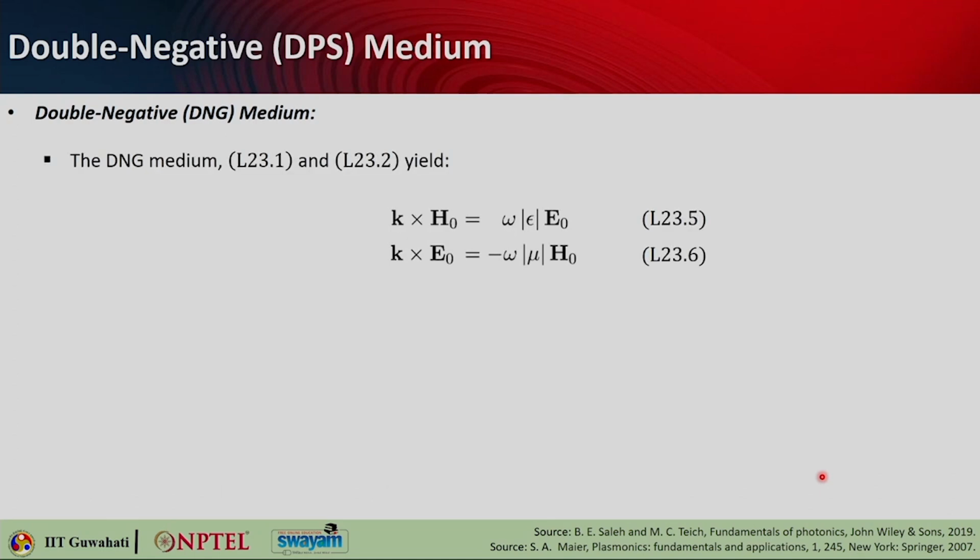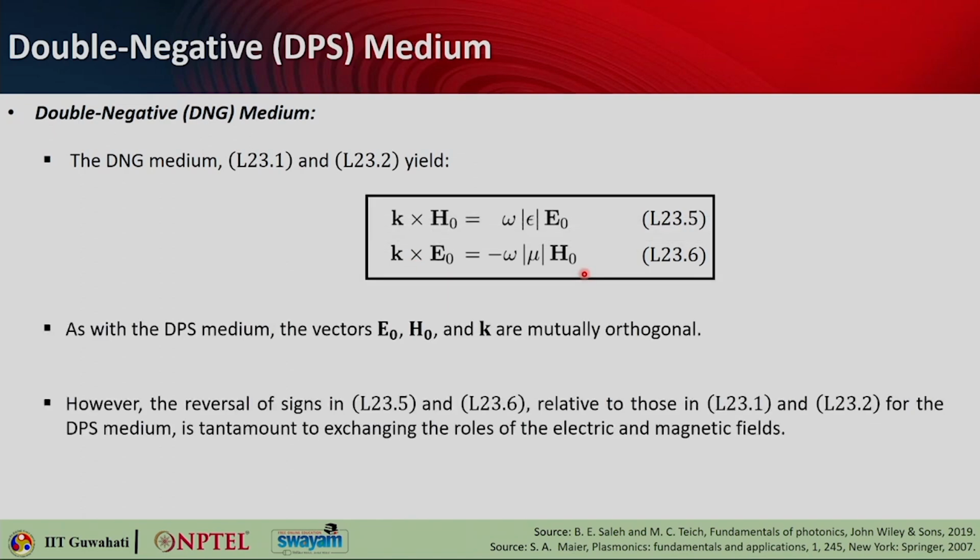If you see the equations for the electric field and magnetic field, how they are interrelated in a double negative medium, this is how the equations change. You have k cross H naught, which is omega times modulus of epsilon times E naught, and k cross E naught is minus omega times modulus of mu times H naught.